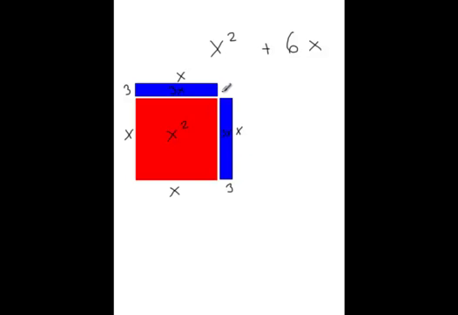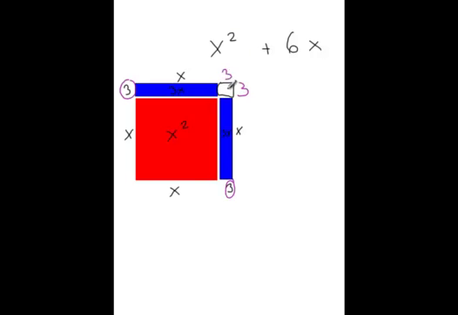Now what we're missing to finish this square is this little bit here. Well, this side of this square is 3, because these are the same size. And the length of the other remaining side has to be 3.